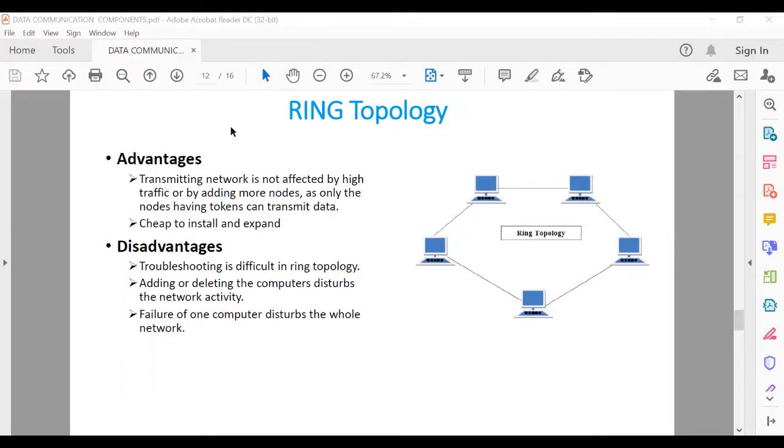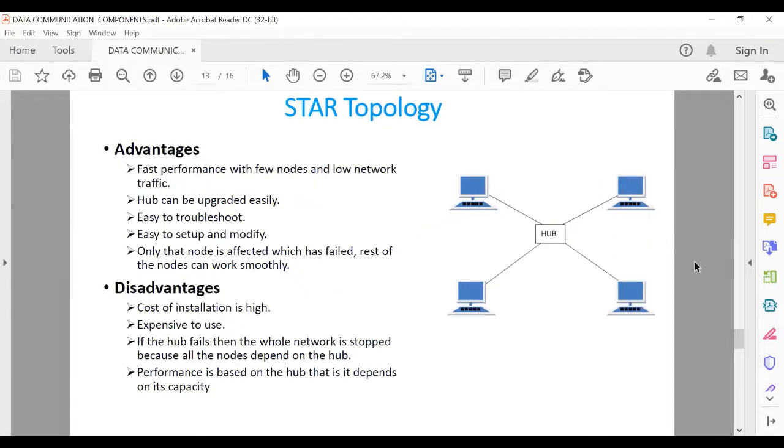Next, we move on to the next slide, which is based on the star topology system. In this star topology, all the computers are connected to a single hub through a cable, and this hub is the central node, and all other nodes are connected to this central node.